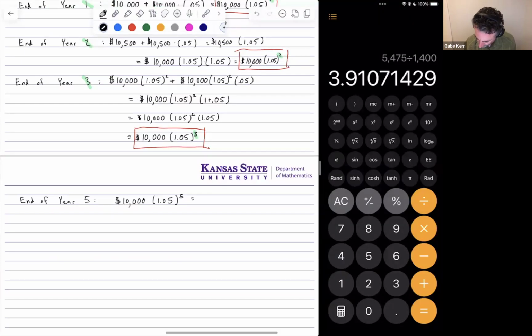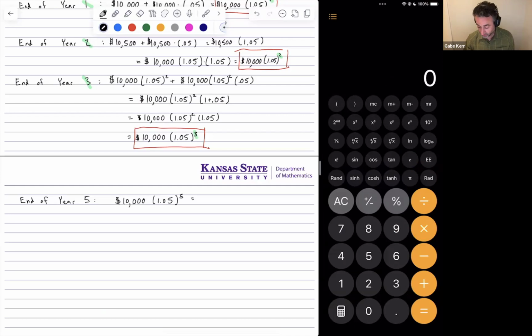So let me clear this. And I will take the power first. That's always, for me, a little helpful, 1.05. And now I'm going to take this x to the y is what I'm going to use. And I'll put in the power 5 here. And then I will multiply.